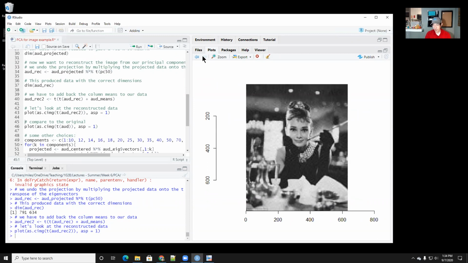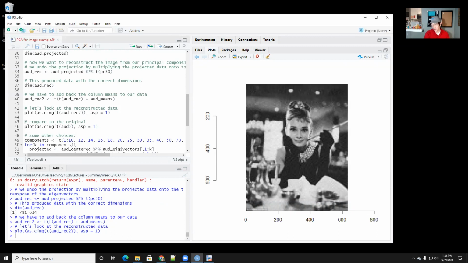I don't know how well you can see, but on my image there are definitely some funny patterns showing up, and it's not as clear as the original image. The original image is a lot sharper. Here I've kept the eigenvectors that correspond to the 50 largest eigenvalues.